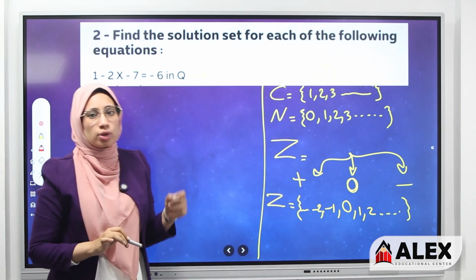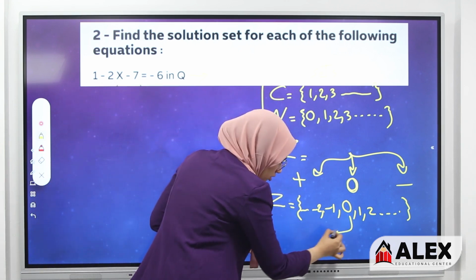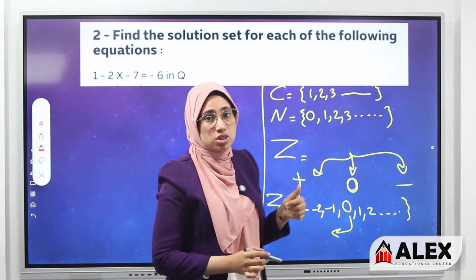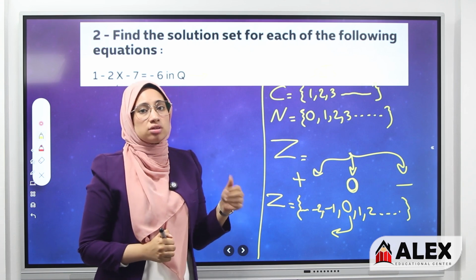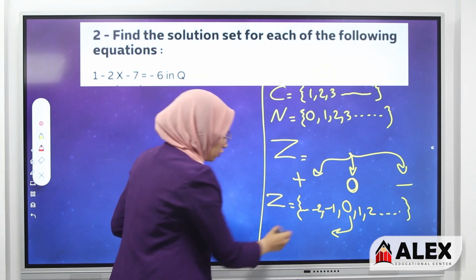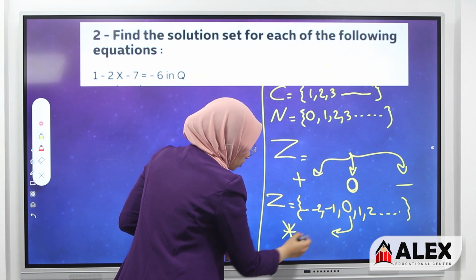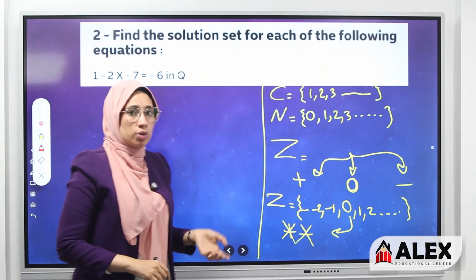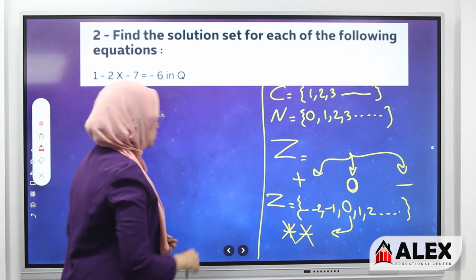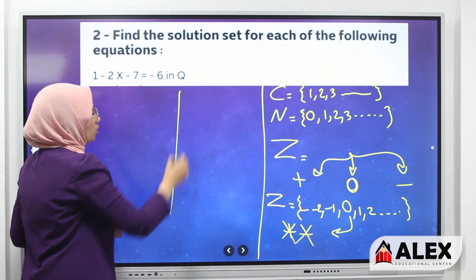Okay, and don't forget 0 is a non-positive, non-negative number. It's an integer number but non-positive, non-negative. The bigger set we take is what?